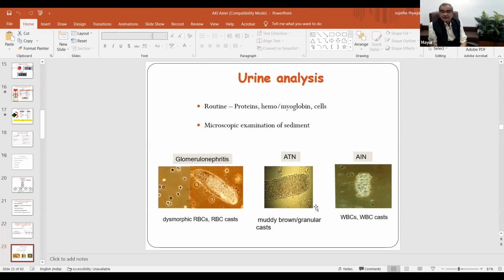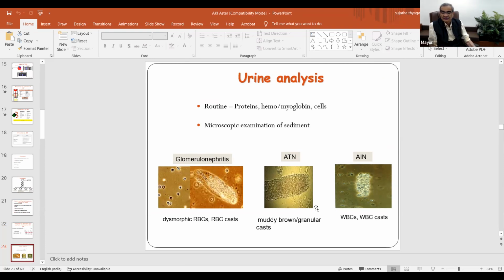So I think urine analysis plays a role in differentiating between glomerular and tubular renal disorders, and the presence of casts, as you know, in acute post-streptococcal nephritis is the most common example quoted for glomerular diseases, whereas ATN and acute interstitial nephritis, mostly drug-related, or some of the infections also cause acute interstitial nephritis.